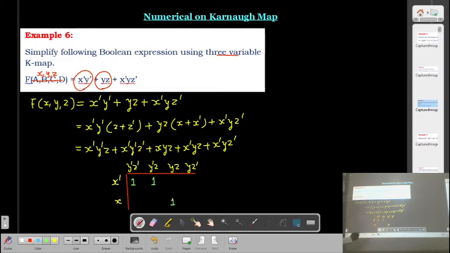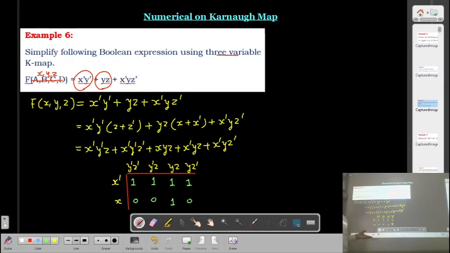Then x dash y z and x dash y z dash, so this is the position. And in the rest of the positions, you can mark 0. So this is the Karnaugh map for the given Boolean expression.